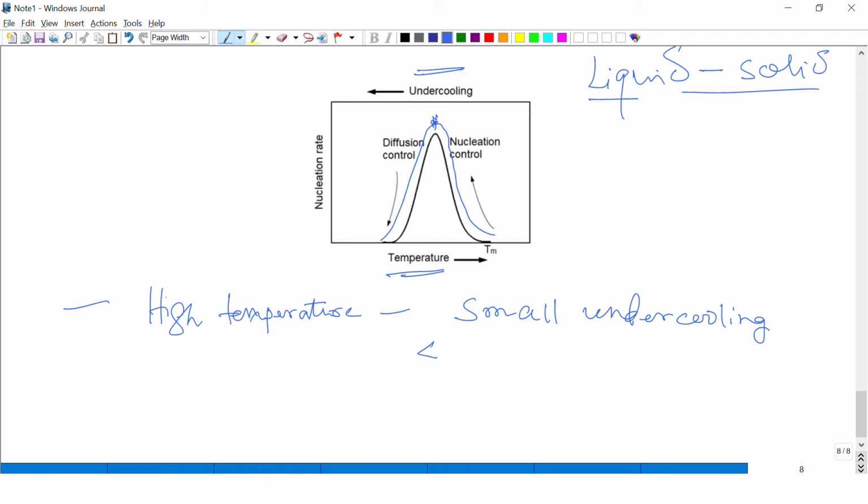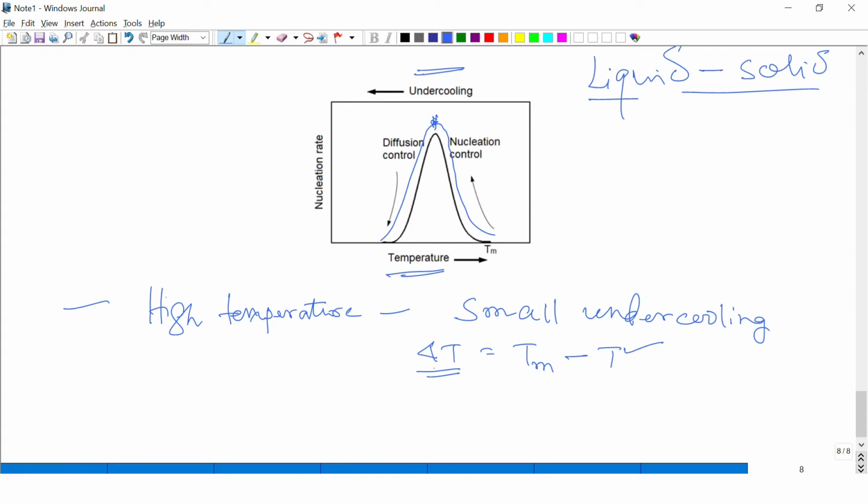Right, because undercooling delta T is given by this. So, if T is higher, then obviously delta T or undercooling is going to be lower.